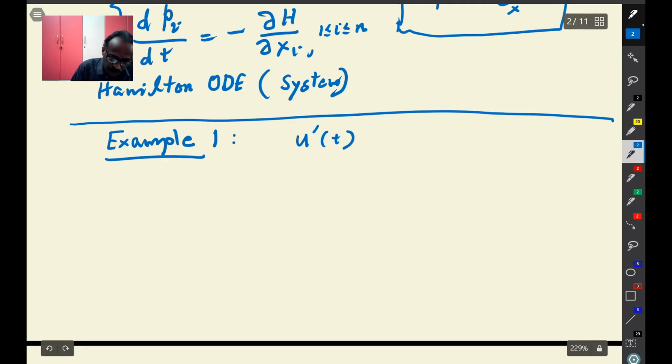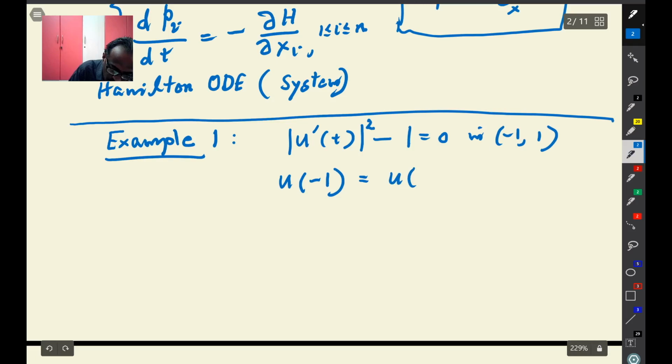We will use either prime or dot or du by dt; all represent the derivative if it's a one variable thing. So du by dt squared minus 1 equals 0. My domain is minus 1 to 1, and I want this boundary value problem: u of minus 1 equals u of 1 equals 0.